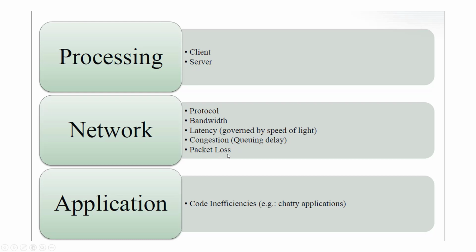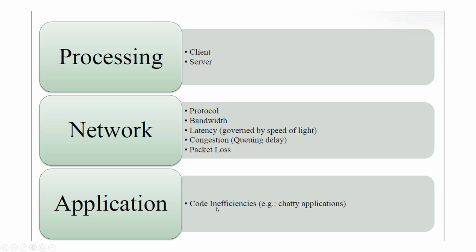And also packet loss that will be related to TCP here, because if we are using UDP, we are not dealing with packet loss, but with TCP, it will be up to this protocol to retransmit the packets that have been lost, and the delays related to packet loss will be included in the protocol delay, because it is TCP that is dealing with that. And finally, we have also application related delays.